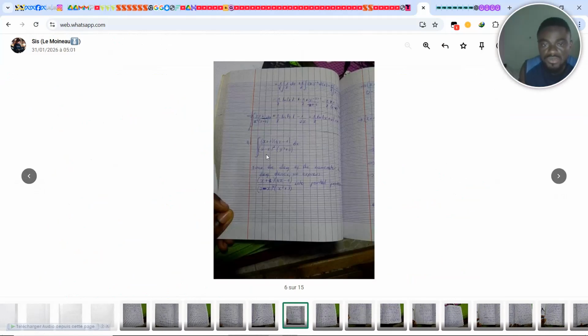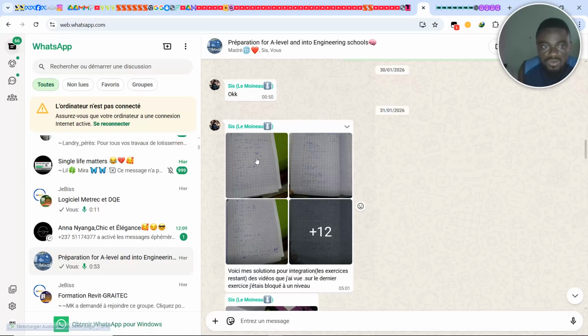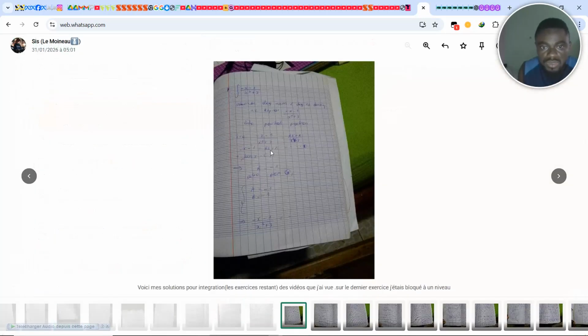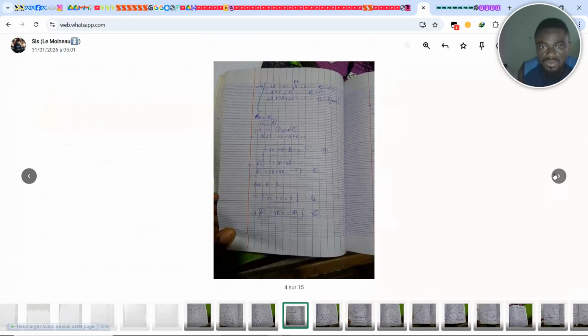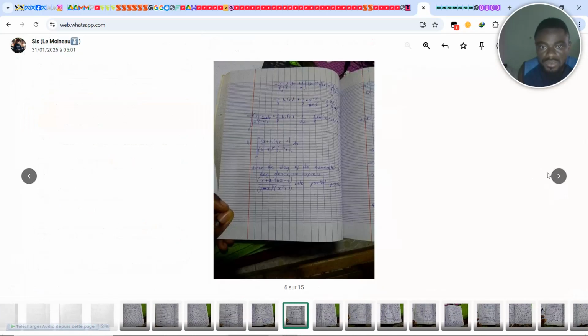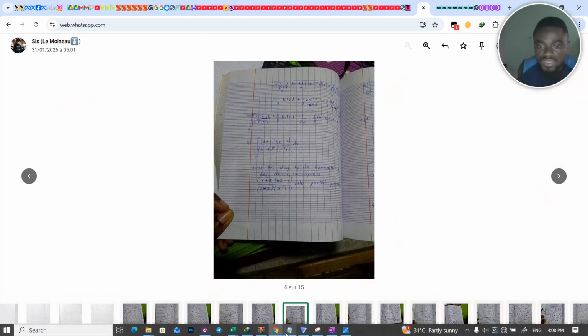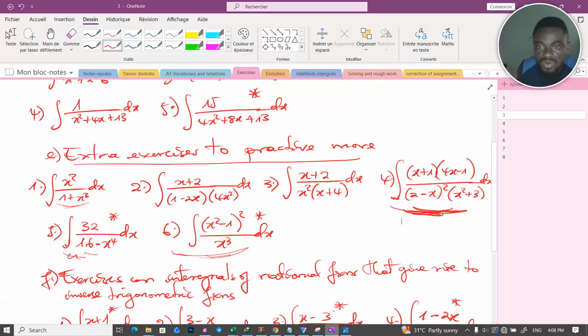Okay, this is the integral. So basically, let me go back. Okay, this is it. What you said is that since the degree of the numerator is less than the degree of the denominator, you have to express that in partial fractions, and that is very logical.